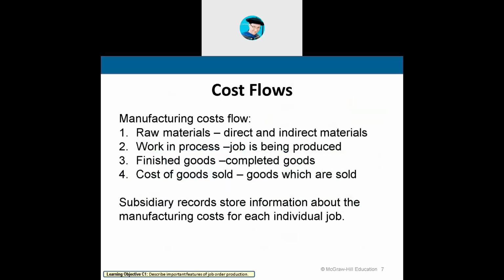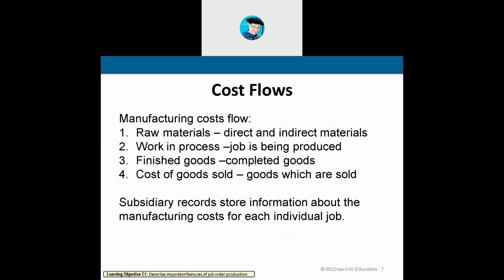Everything starts out as raw materials. Direct and indirect. Direct materials means it makes up the majority of the cost of manufacturing the product. In the car example, direct materials would include things like steel, aluminum, metal components.